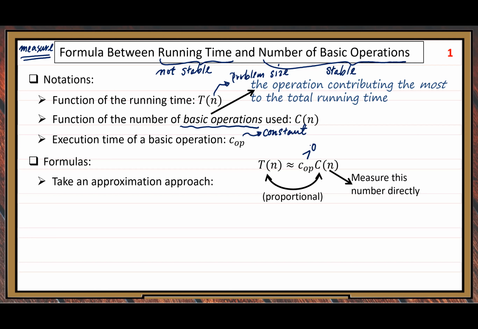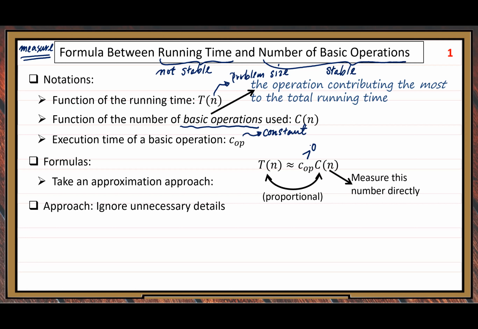But we would like to explore the relationship between these two functions a little more. The approach we take is to ignore unnecessary details, when we switch from T of n to C of n, and later, when we discuss C of n, we need to ignore some more details.